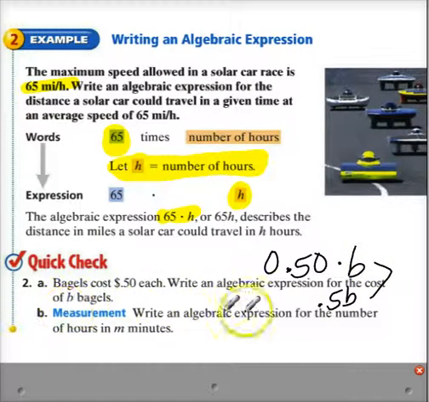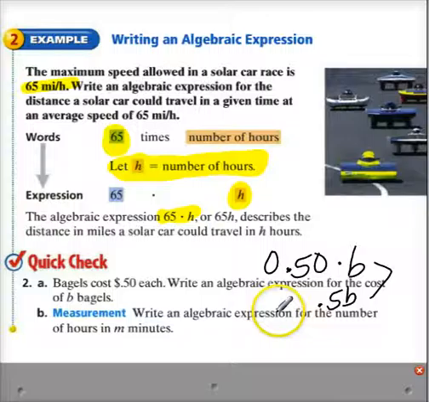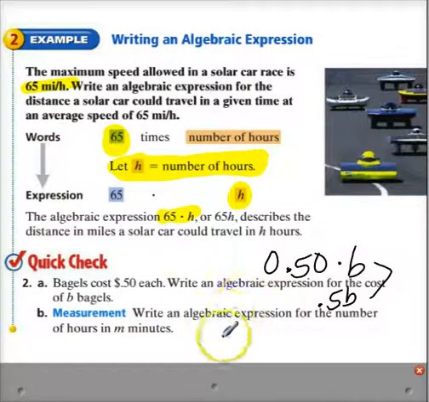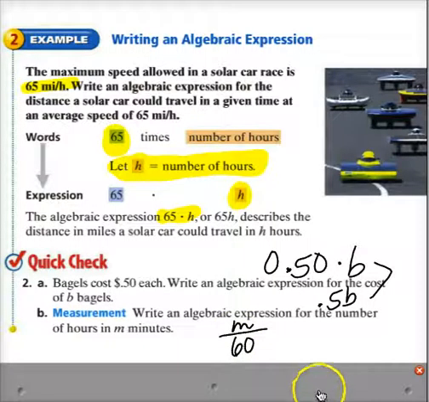Example B, write an algebraic expression for the number of hours in m minutes. Well, there are 60 minutes in 1 hour. So if I take the number of minutes I have, who knows how many that will be, and divide by 60, that should give me how many hours I have. So m divided by 60.